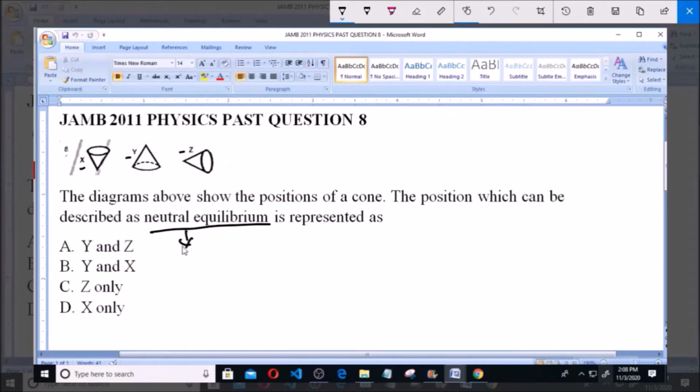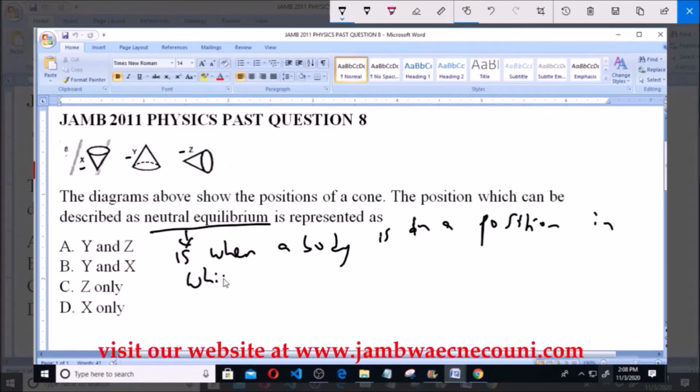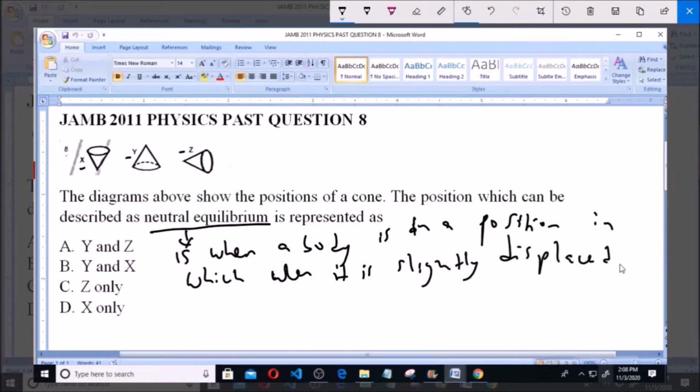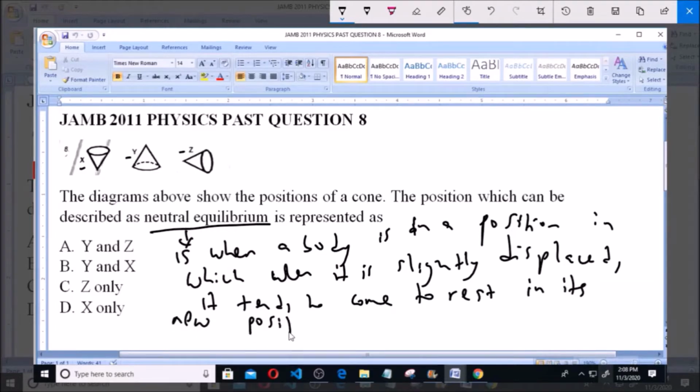Now first, let's define what neutral equilibrium is. Neutral equilibrium is when a body is in a position in which, when it is slightly displaced, it tends to come to rest in its new position.